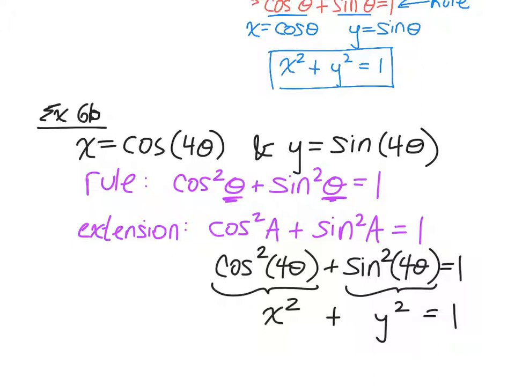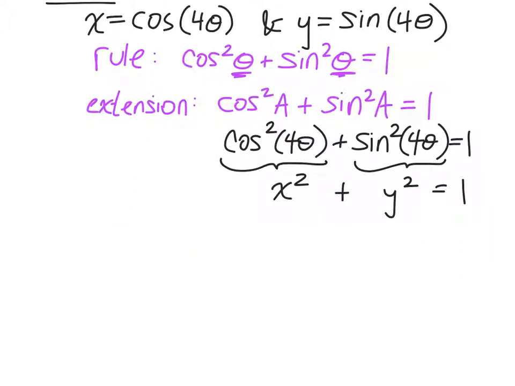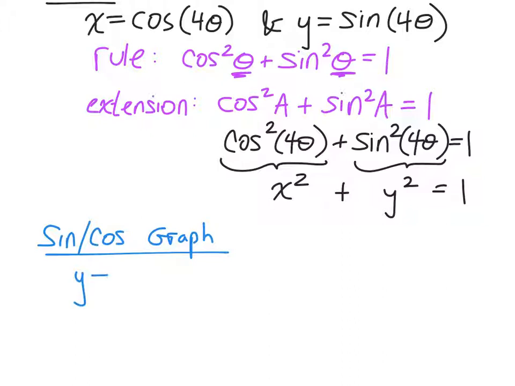Now, if you needed to compute the period, and while we're here, we might as well talk about that. So, sine, cosine graph, generally in the form of y equals a, I'll just go with sine, Bx plus c, plus d.